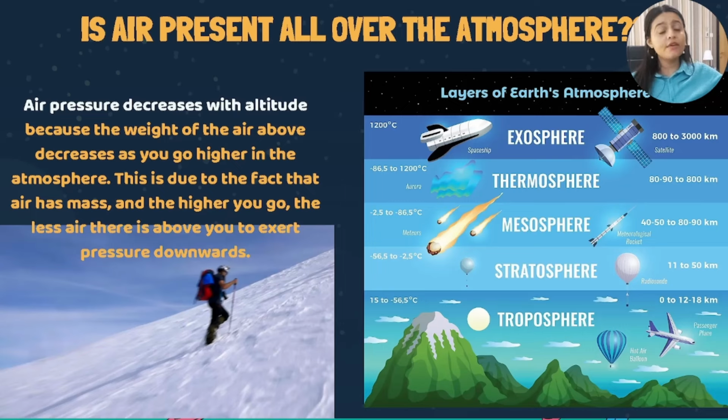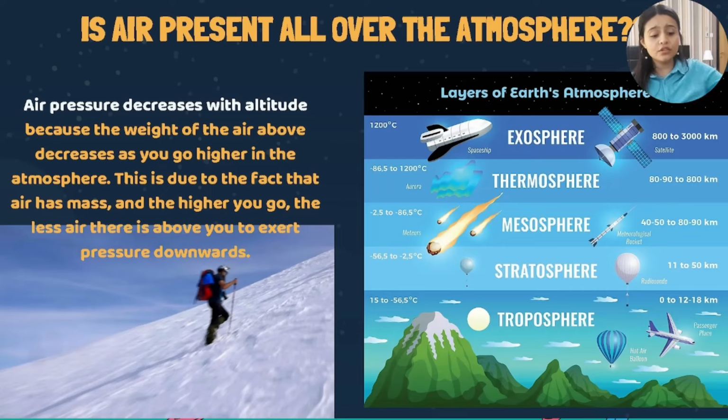My dear students, while climbing the stairs also, it is very difficult for you to climb up because at a higher altitude, there is a shortage of air. Likewise, on the mountains also, the air pressure decreases.